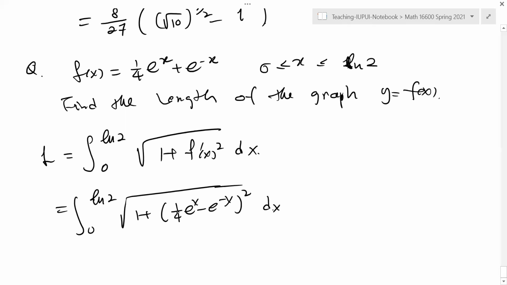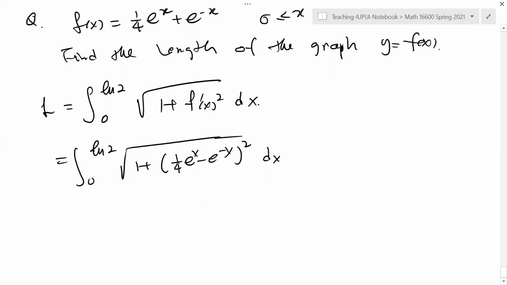Now, my experience tells me when you see something like that, one term is e to the positive x and another term is e to the negative x, and there's a minus in between them.